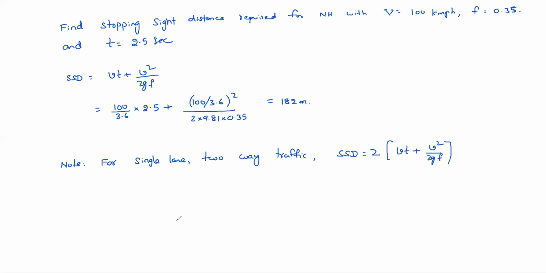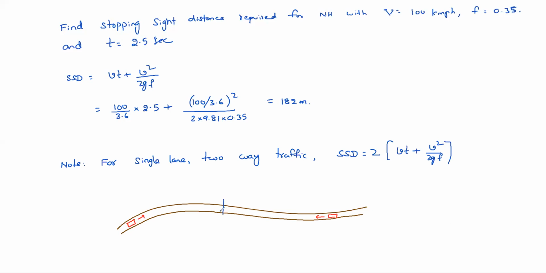Why? Suppose the road is single lane like this. One vehicle may be moving from here, and another vehicle may be coming from the other side. So before meeting in an accident, both have to be stopped at a common position, right?